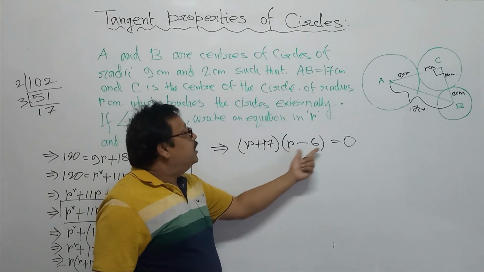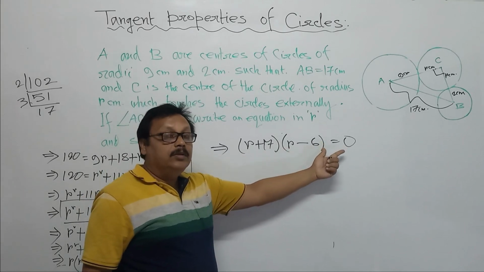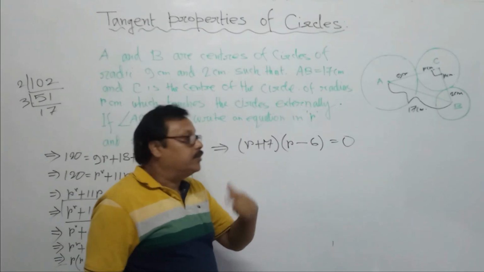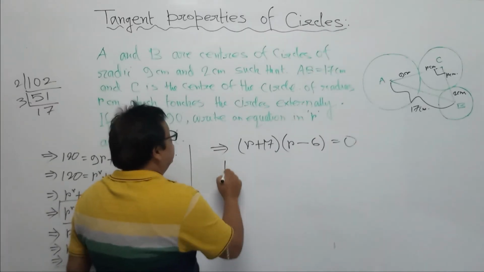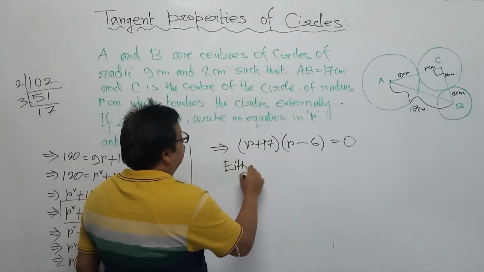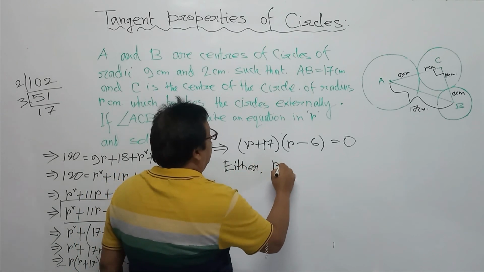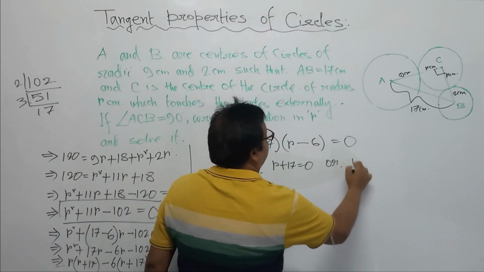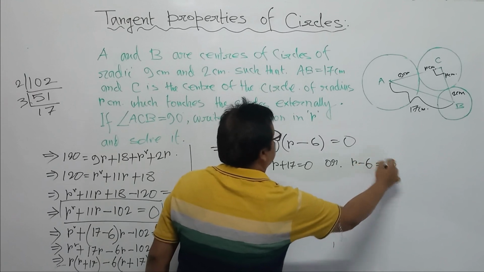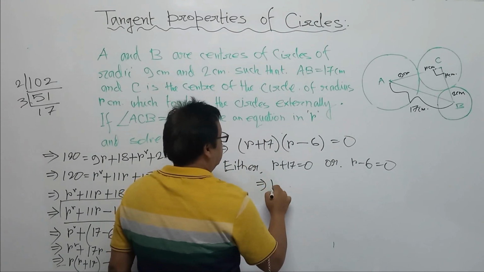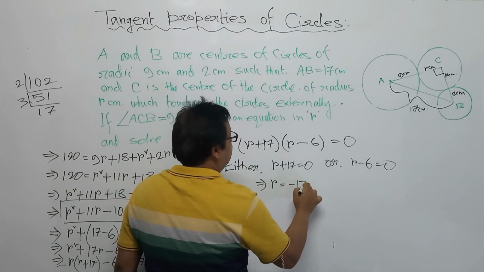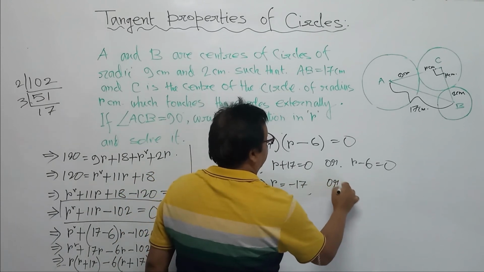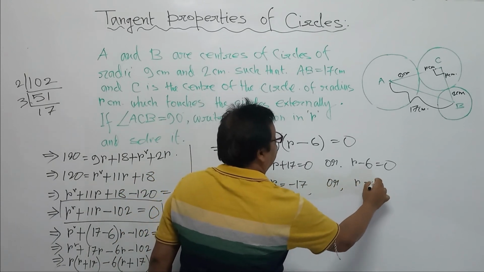This into this equal to 0. Now you have to use here the zero product rule. That is, either r plus 17 equal to 0 or r minus 6 equal to 0. This implies r equal to minus 17 or r equal to 6.